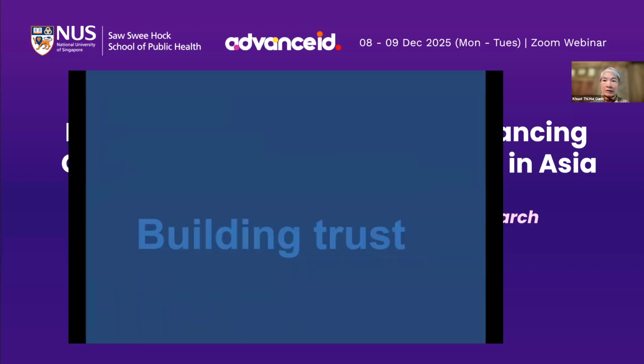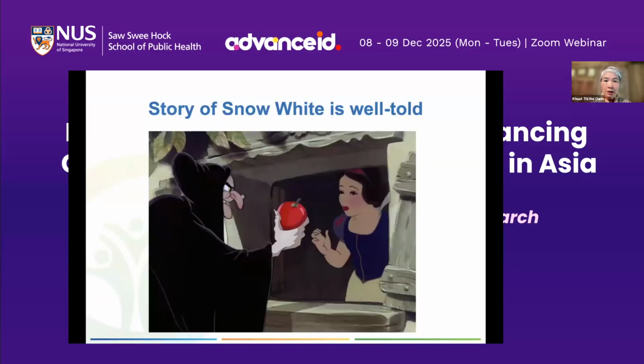So, to build trust, I think everybody knows the story of Snow White, right? With the poisoned apple. If somebody comes to you and gives you a drug and says take it, you would be hesitant unless you are very well informed about it, and somebody you trust can give you some assurance.